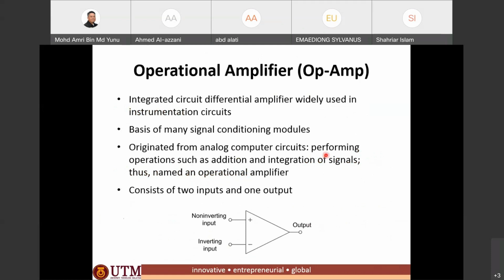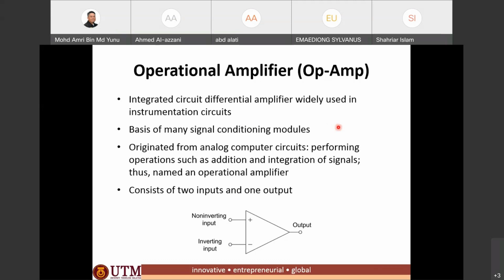Now we look into the concept of the operational amplifier. It is an integrated circuit differential amplifier that is widely used in instrumentation circuits. Many instrumentation circuits comprise the operational amplifier, or op-amp, component.